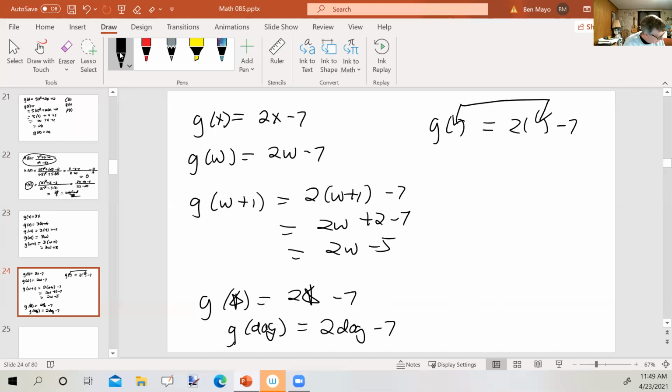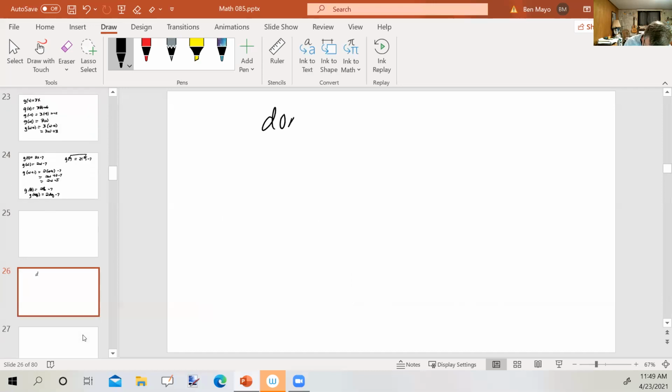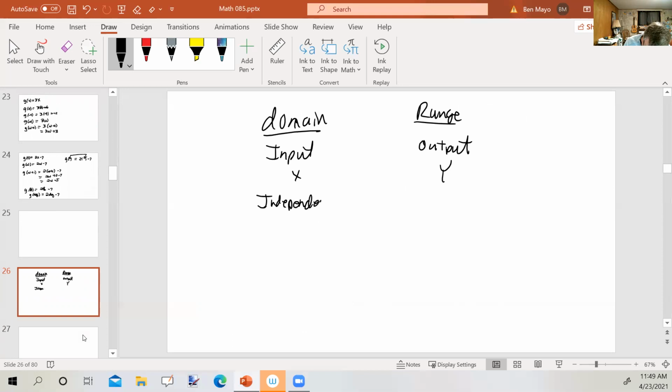Okay. I want to go back for a minute and talk about the idea of domain and range. We could also call them input and output, x and y, independent variable, dependent variable.